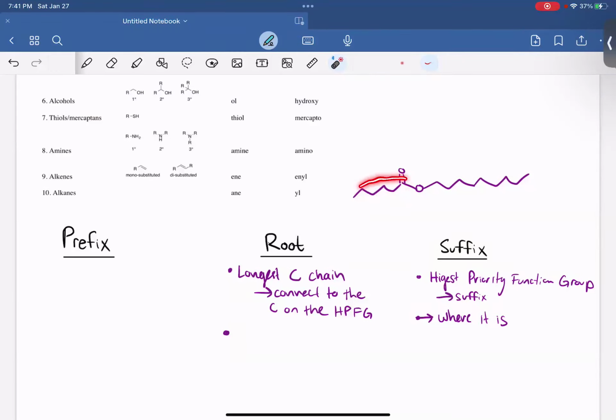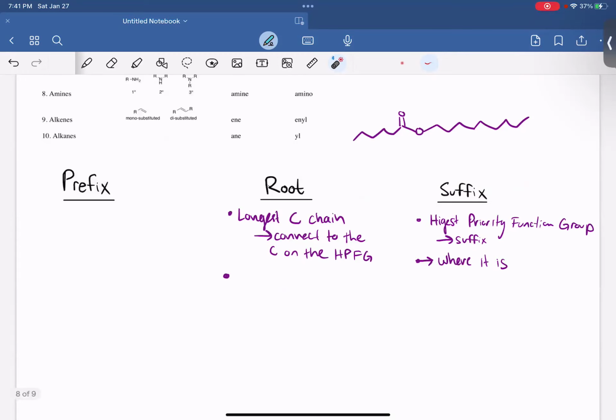The longest carbon chain that's connected to your highest priority functional group carbon would be 6. And to tell how long it is you'll use the Greek prefixes, like meth, eth, all the way up to hex, pent, hept, etc.